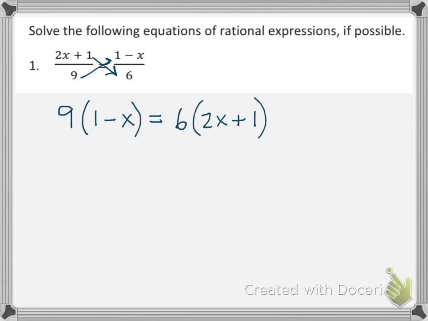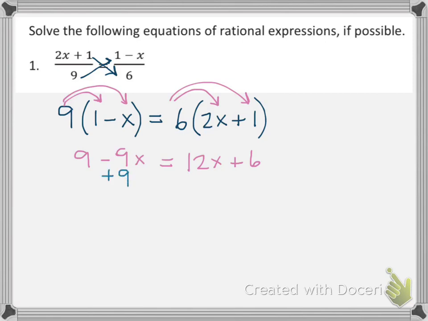So 9 times 1 gives us positive 9. 9 times negative x is a negative 9x, is equal to 6 times 2x, that's 12x, and 6 times a positive 1 is a positive 6. Then we go about getting the variables all on one side. I'm going to add 9x to both sides, and that leaves me with 9 is equal to 21x plus 6.